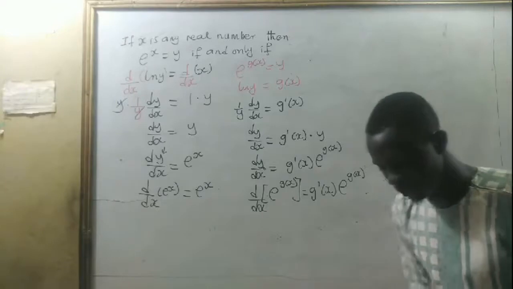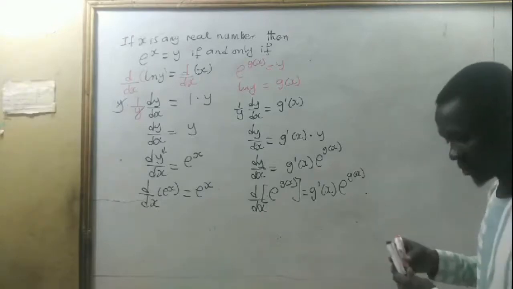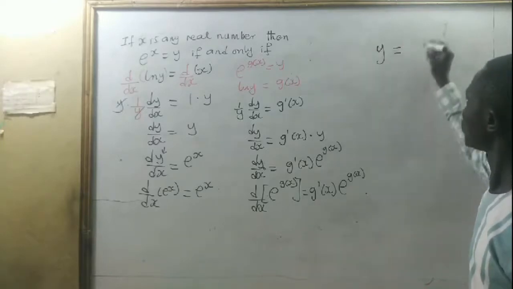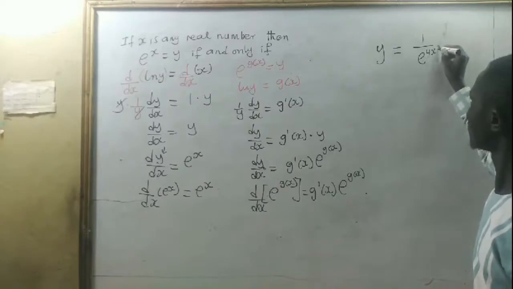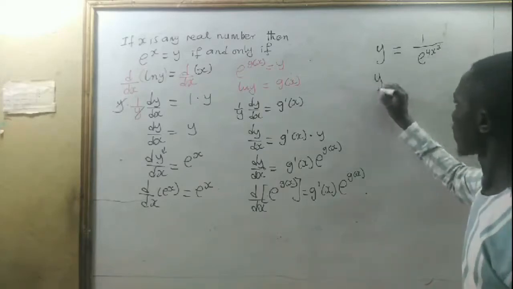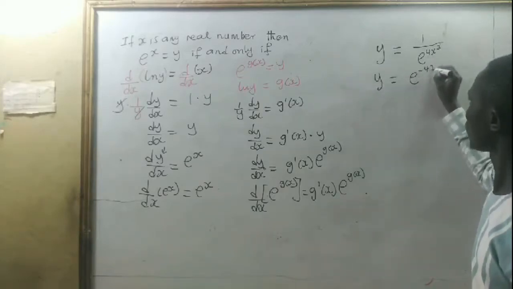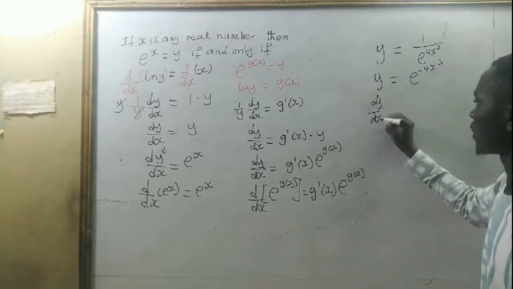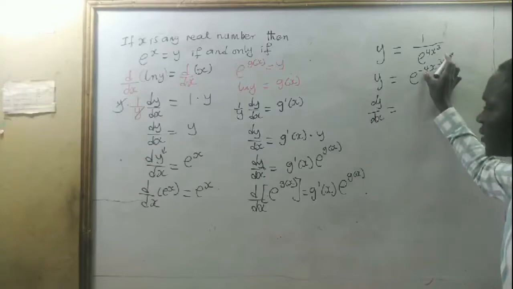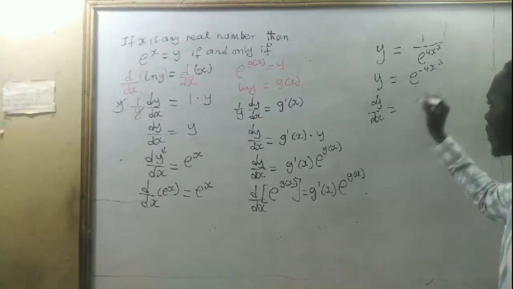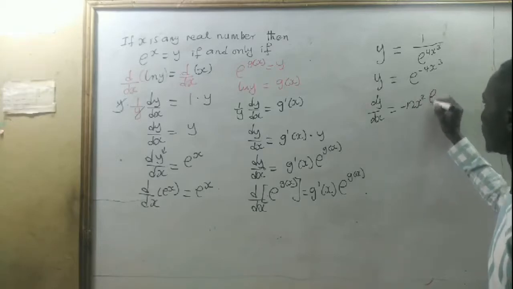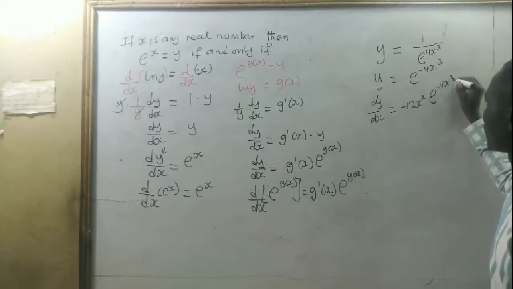Now, if I have y equal to 1 divided by e to the power 4x cubed. Now this is the same as y equal to e to the power negative 4x cubed. So here, the derivative of y with respect to x will be, we take the power, that is g of x, and differentiate, to have minus 12x squared times e to the power minus 4x cubed.